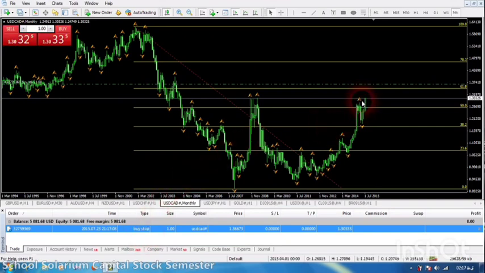So buy stop means that when the price is below your target and it's having fluctuations below that, we say that if the price goes further than this area, it means that if the resistance is broken and the price goes above that, the system will automatically start buying. So that is what buy stop is.